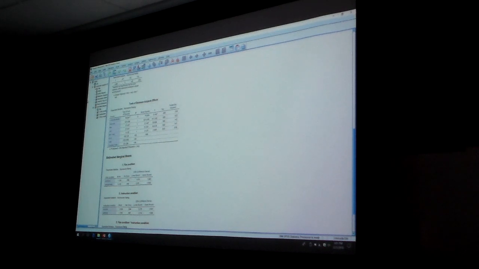Partial omega squared is actually easier than omega squared with these factorial designs. With partial omega squared, I'm just going to take the same numerator, degrees of freedom of effect times my F value minus 1.